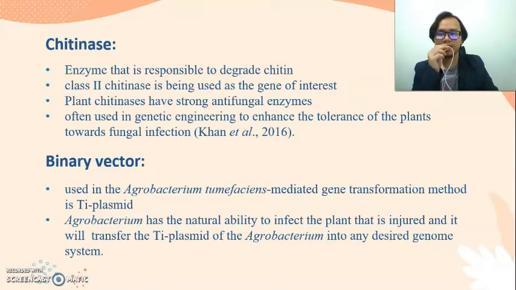The binary vector used in the Agrobacterium tumefaciens-mediated gene transformation method works with the Ti plasmid, whereby Agrobacterium has the natural ability to infect injured plants by using the T plasmid to transfer the T-DNA into the desired genome of the plant system.